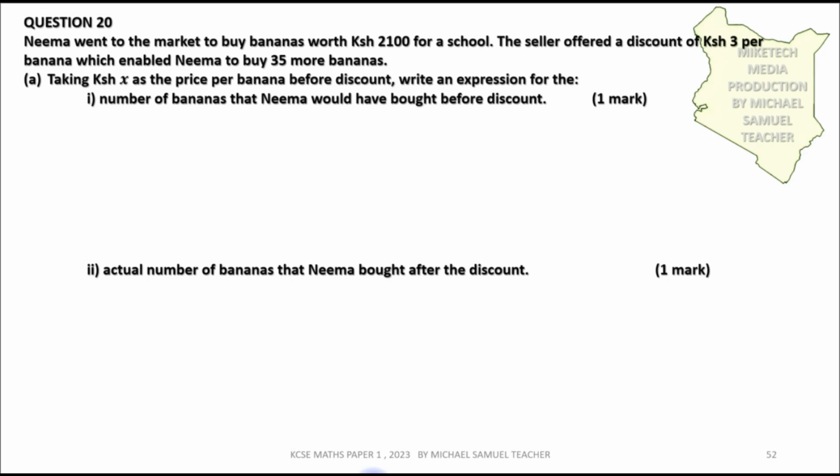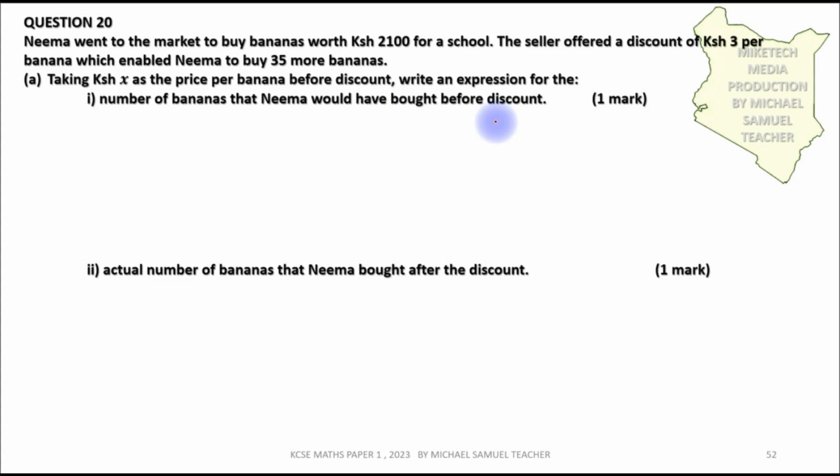So, we need to answer part A of the question. If Nema went to the market and bought bananas worth a total of 2,100 shillings, and the seller offered a discount of 3 shillings per banana, which enabled Nema to buy 35 more bananas. So, we take X as the price per banana before discount. We need to write an expression for part 1, the number of bananas that Nema bought before discount.